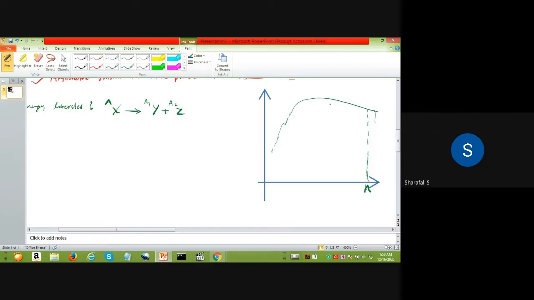So let's say one particular nucleus after fission comes in this range, having a mass number around A by 2 plus A. Then let's say we have another daughter nucleus with A by 2 minus A, and in between these two we have A by 2.